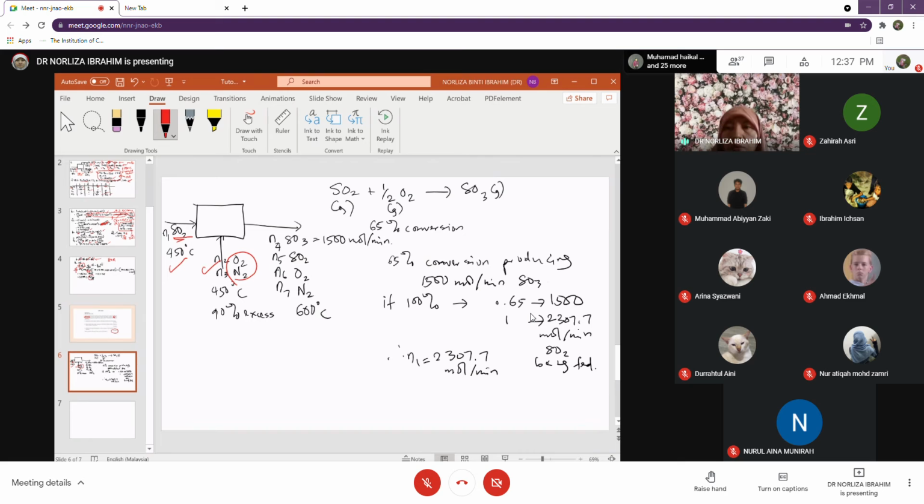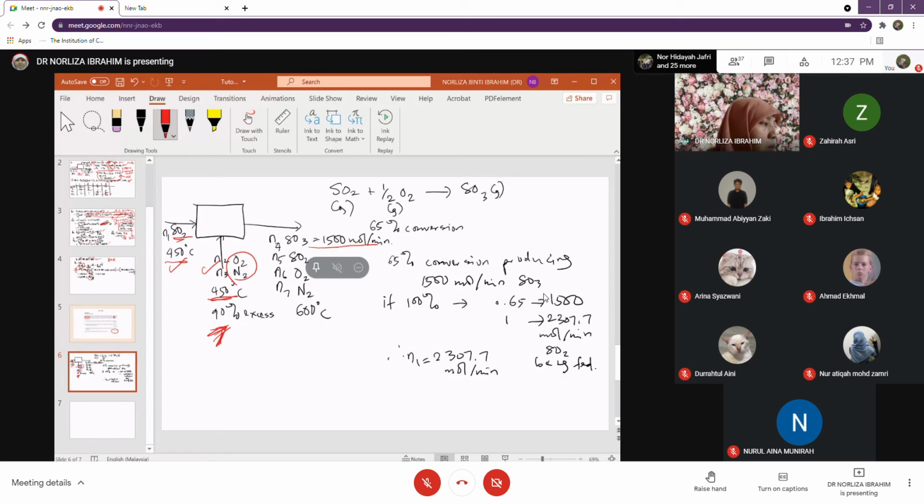Normally if any reactant reacts with air, I put them into two different streams. But you can put in one because the temperature is also the same, 450 degrees C. So if you put in one stream, it can still be accepted.